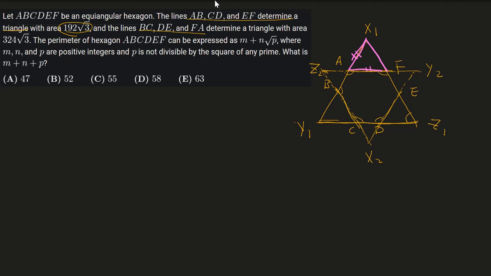And the same thing for this. So we have all these equilateral triangles. Therefore, if we know the side length of x1, z1, for example, then that is equivalent to this length. So this is our analysis.